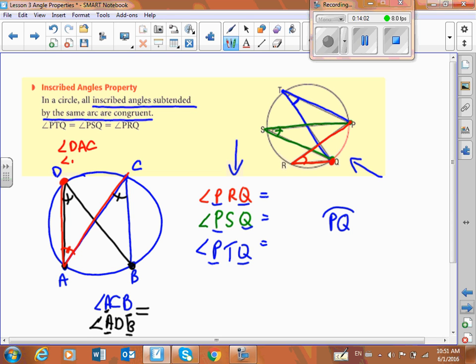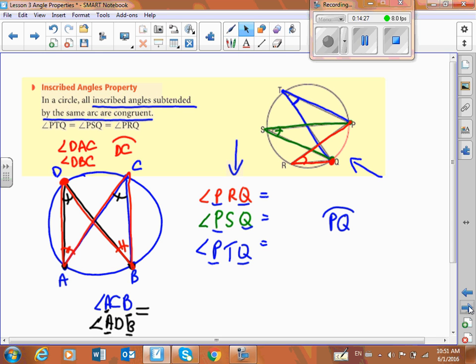And what if I wrote angle DBC? D to B to C. Okay, little double dash there. Now angle A here and angle B here are congruent. It's the upside down bow tie. They are both subtended by arc DC. Okay, so we can see how that bow tie flips around.